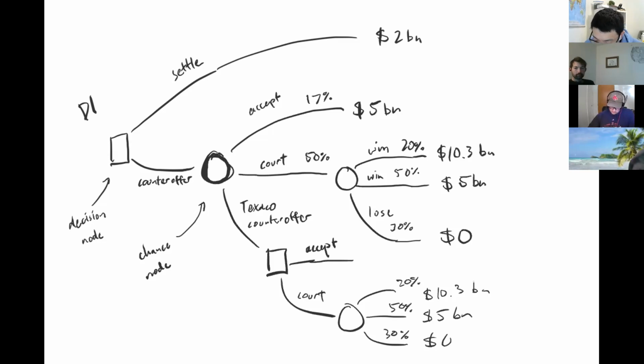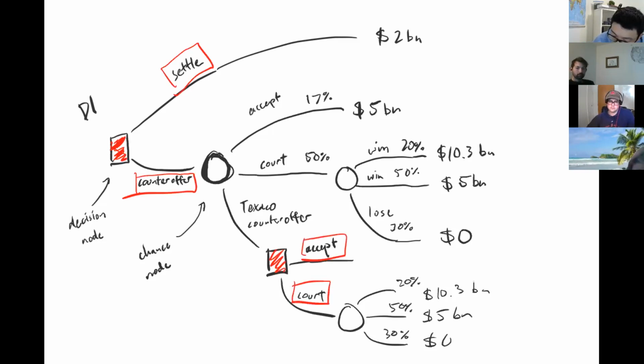Okay, so I'm going to do a little bit of coloring here so that we can be extra clear about where we're making decisions and where things are happening by chance. So we'll go like that.